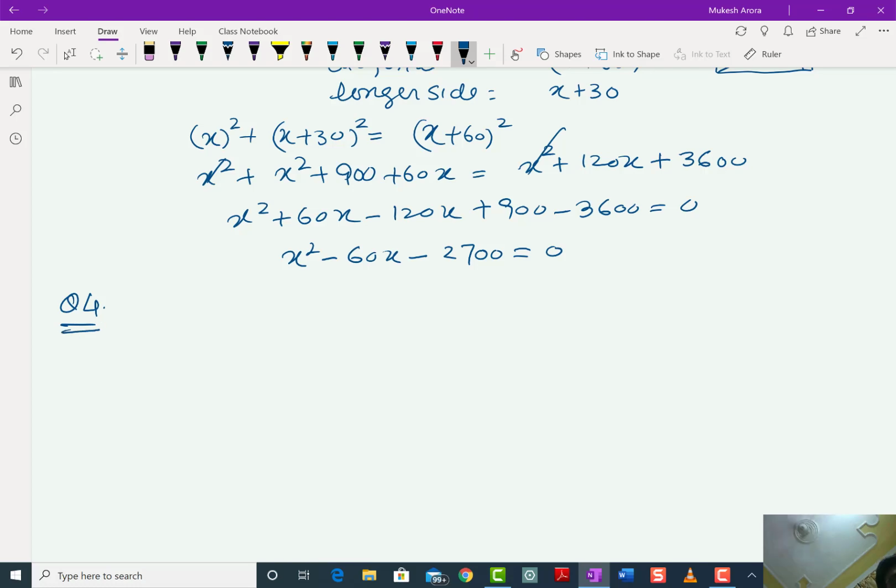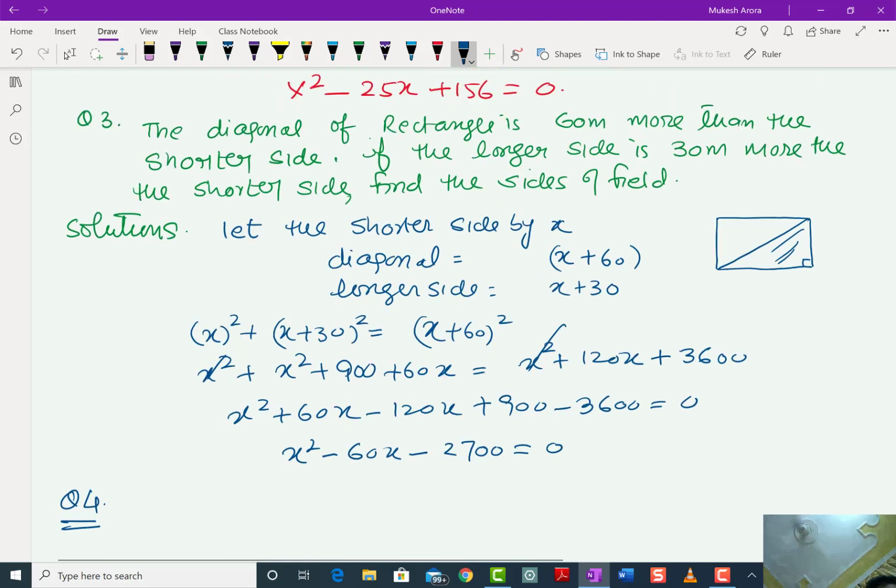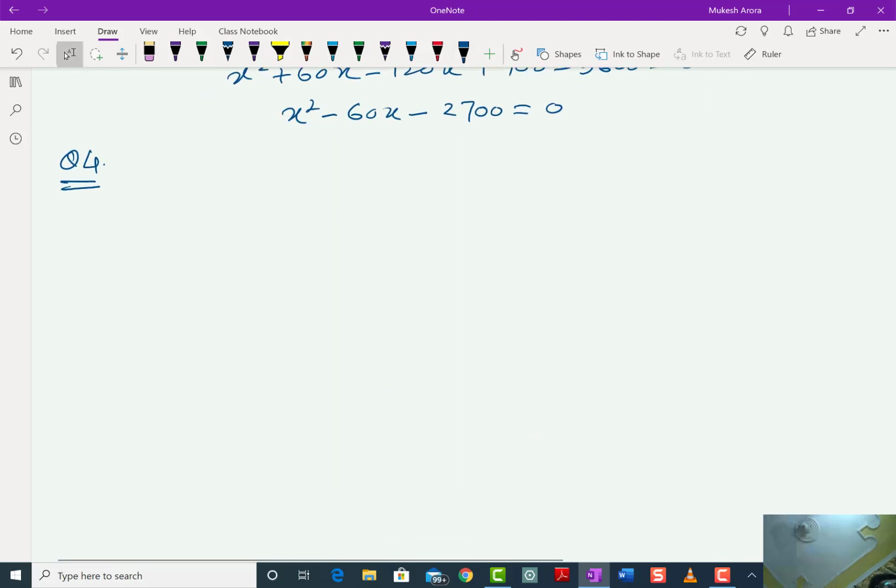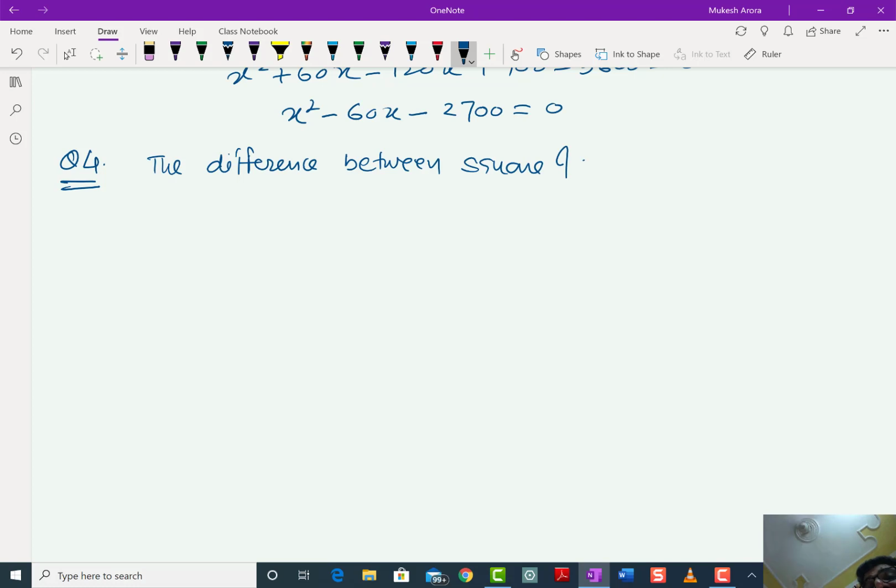Question number 4: the difference between squares of two numbers is 180.